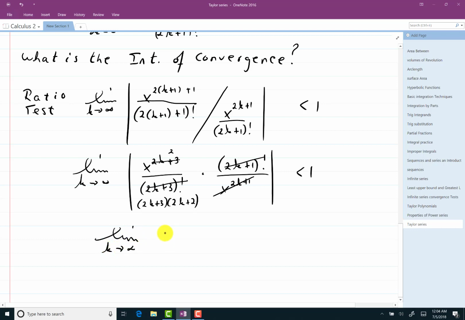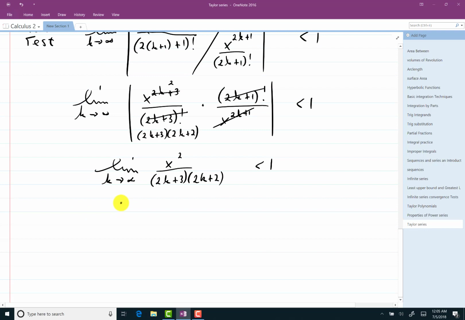So I'll have x squared all over 2k plus 3 times 2k plus 2, and that's supposed to come out to be less than 1. Now, x is not involved in the limit, so I'm actually going to bring it out front.